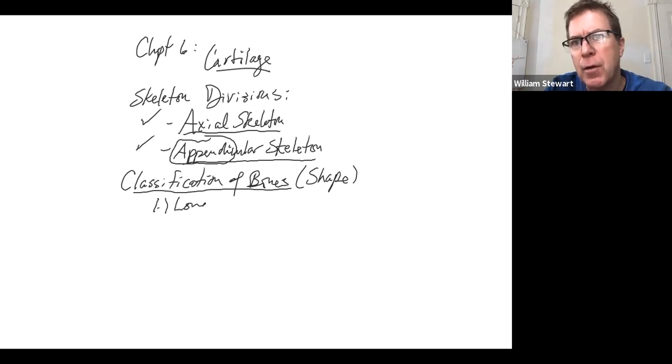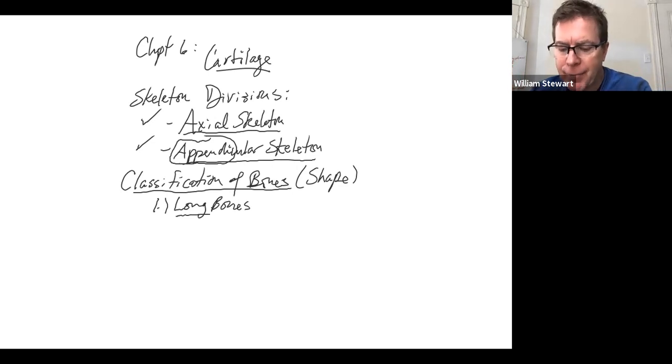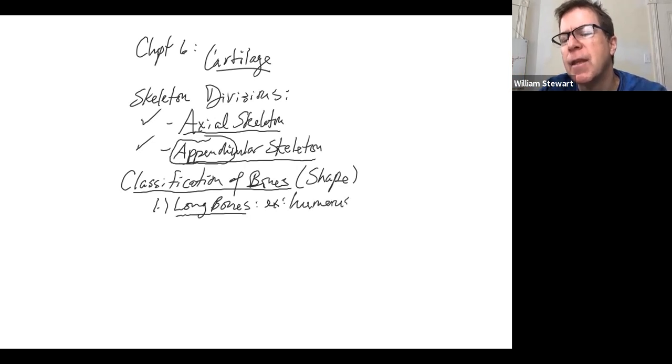Number 1, long bones. And some of this is just intuitive. You know that some of our bones are long, some of them are short. Long bones, obviously, just like the name says, are longer than they are in any other direction of shape. Classic examples would be bones like the humerus in the upper arm, the femur in the upper leg, also in the lower arm, the radius and the ulna, in the lower leg, the tibia and fibula.